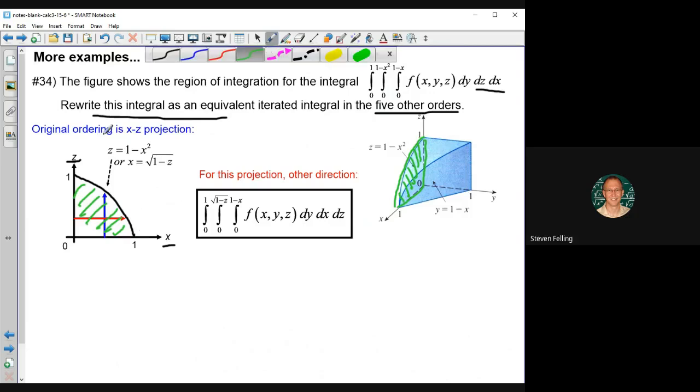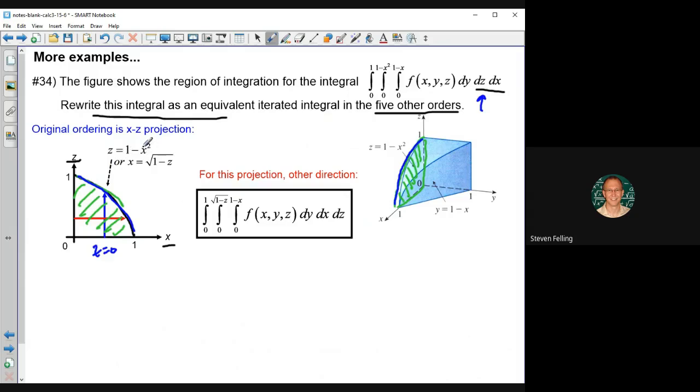This curve here is this edge right here, okay? And the way they chose was to do z first, right? So that's this blue arrow. They're going in the z direction first. That's why they're going from z equals 0 here to z equals 1 minus x squared.